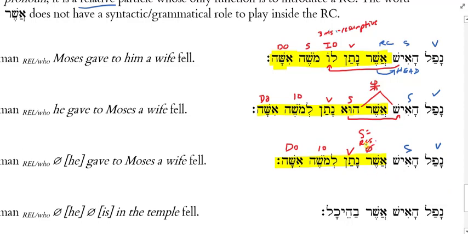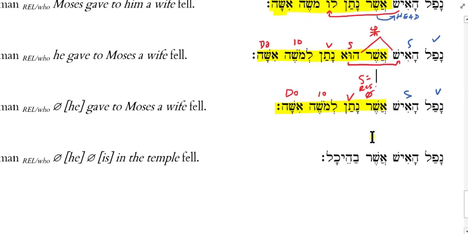All right? So this is a situation where in the first two, we had overt resumption. If something's overt, it's visible. In the third one, the resumptive element is covert, hidden. You can't see it. It's null. It's unstated. But it's implied, right? By the inflection, the 3ms form of the verb Nathan.